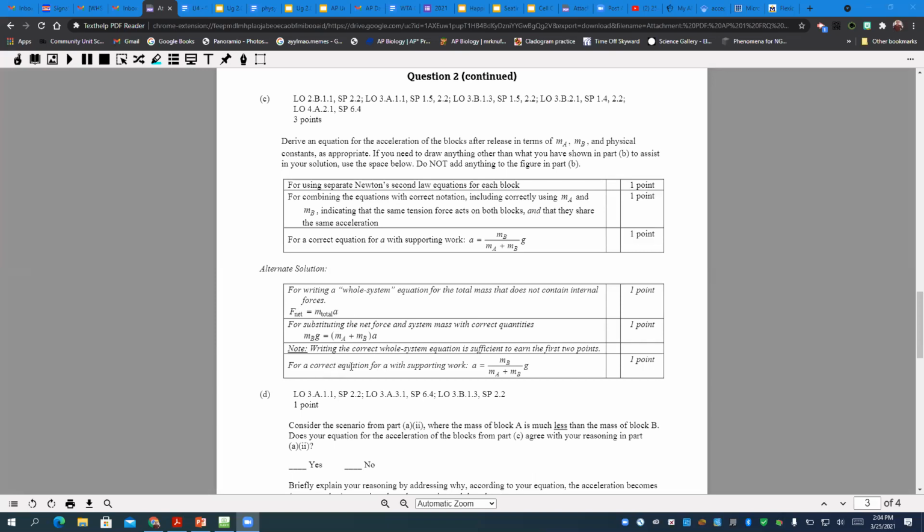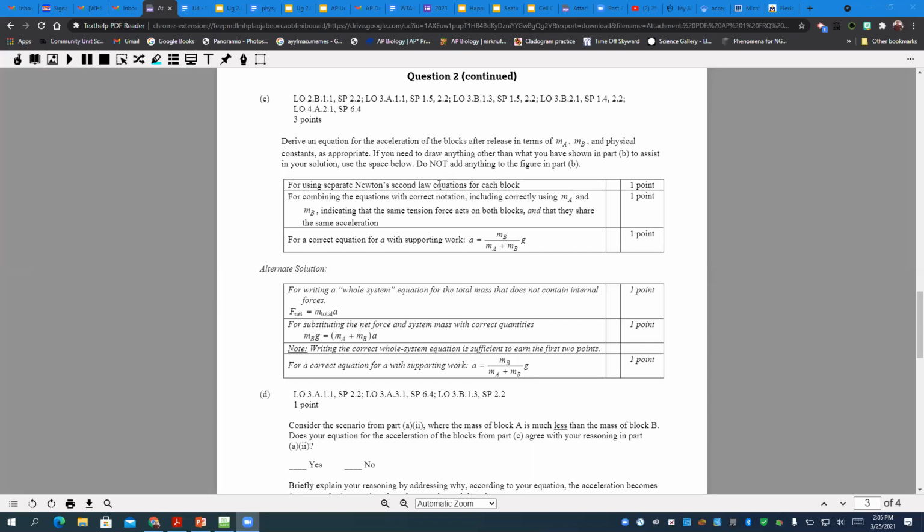And then finally, solving for A is the final point where you divided both sides by MA plus MB, and you got MB times G. You could also just have left it together, divided by MA plus MB would give you the final acceleration too. You could do it a slightly different way.